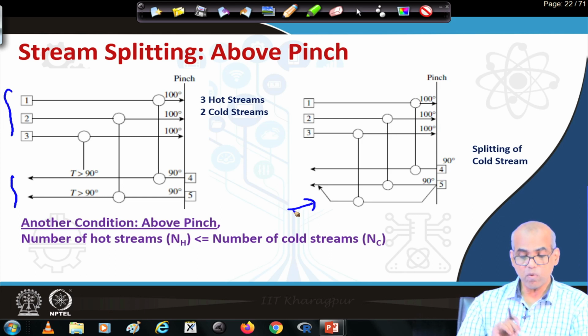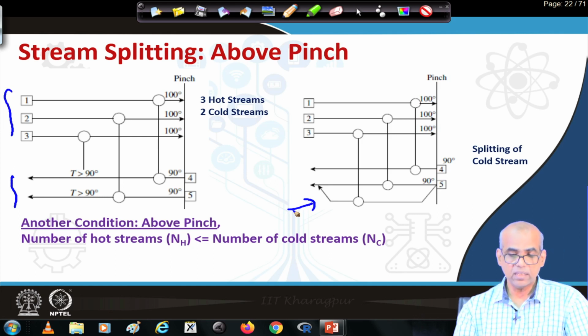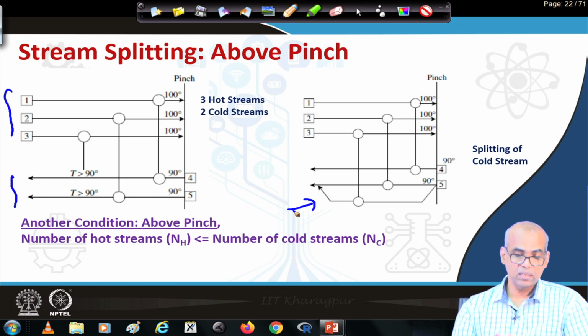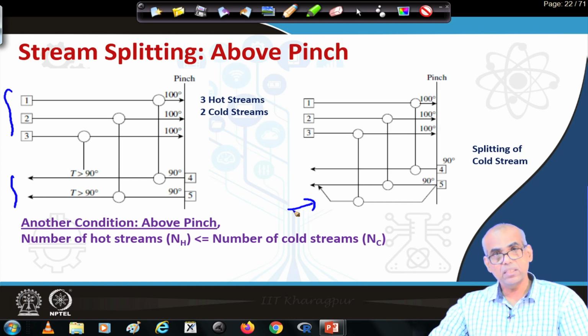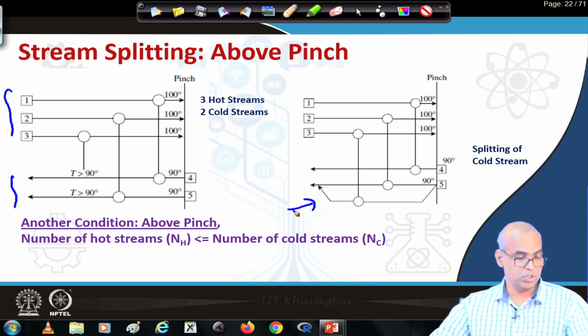So, this gives me one additional condition in the region above pinch apart from conditions on Cp values. The condition is this, that number of hot streams must be less or equal to number of cold streams in the region above the pinch.